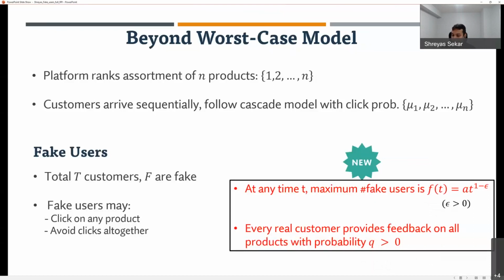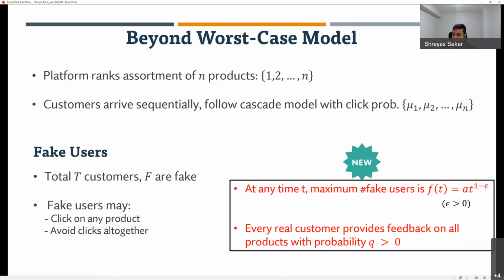The effect this has is that not all my fake users are going to come at the beginning. They're going to be spread out more throughout the process. To see why that's the case, set epsilon equal to 1/2 and plot what the square root t curve looks like. You're still going to have users come in at the beginning. There's going to be a large concentration, but not all of the fake users are going to be at the beginning. You're still going to have a few real customers at the beginning.